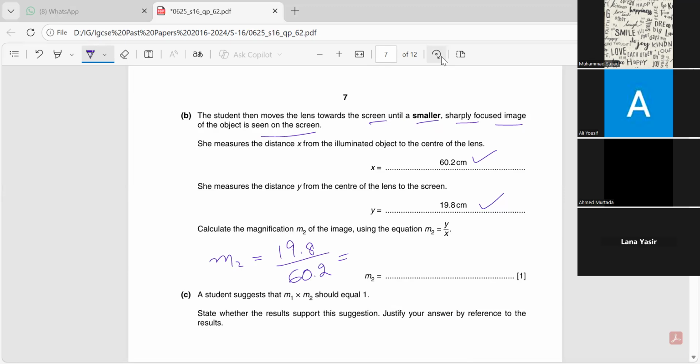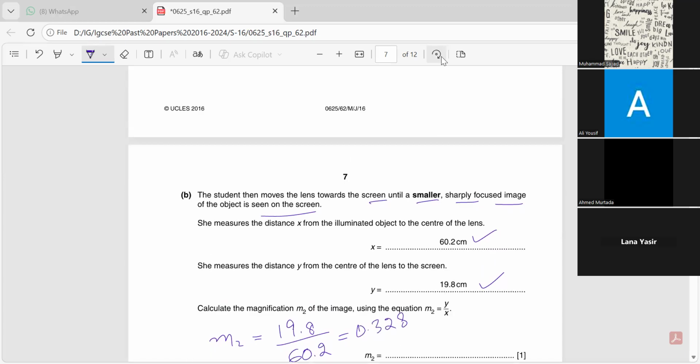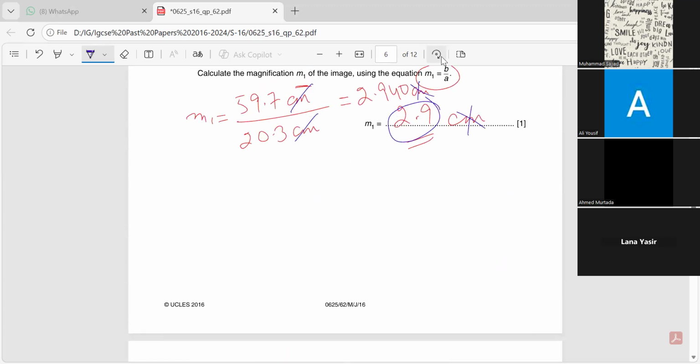When I calculate 19.8 divided by 60.2, the answer is 0.328. I have written this value of magnification to two significant figures.